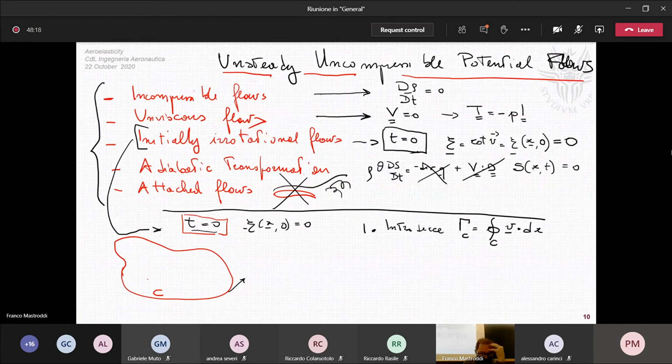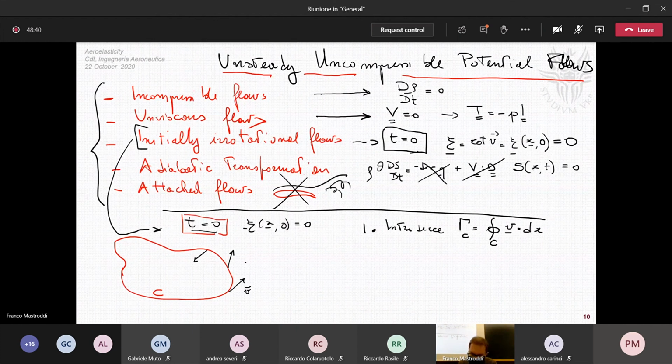So here you have a velocity vector in the flow, another velocity here, another velocity here. Okay, nothing to do with tangent. No, because this line is arbitrary. I have drawn this line.